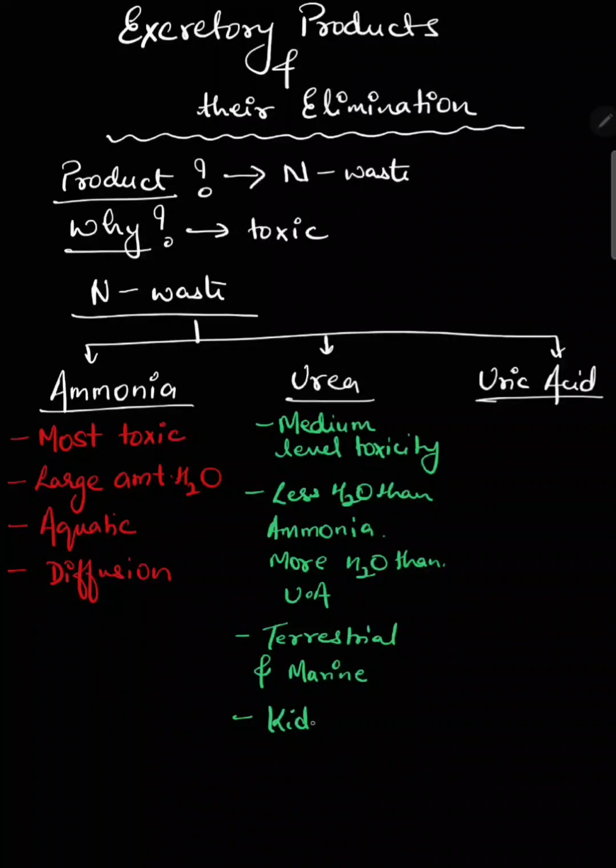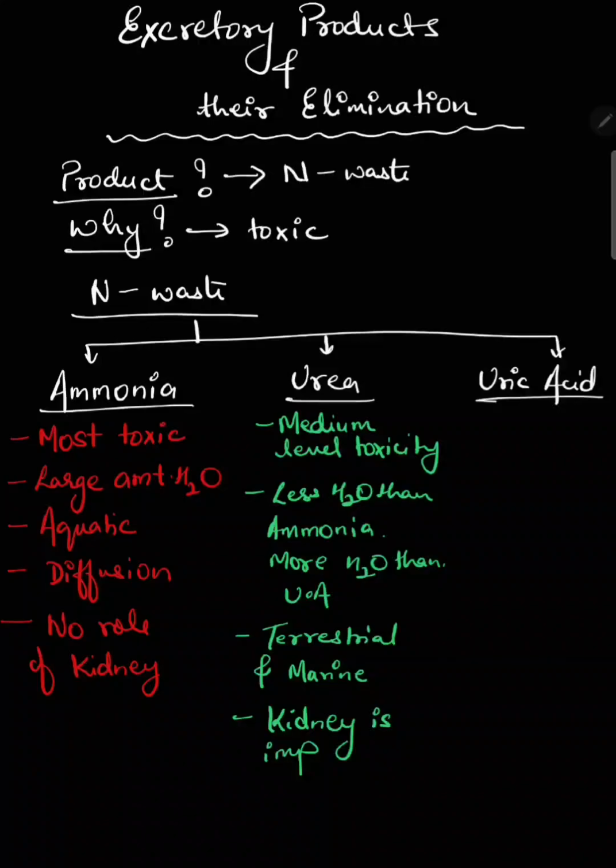And here the kidney plays an important role. In the case of ammonia, there is no role of the kidney because ammonia passes through diffusion. But in the case of urea, the kidney is very important.